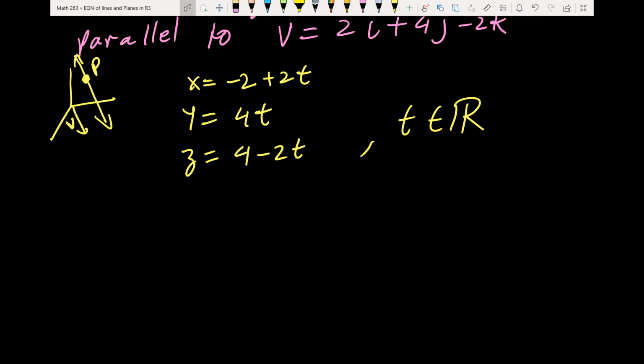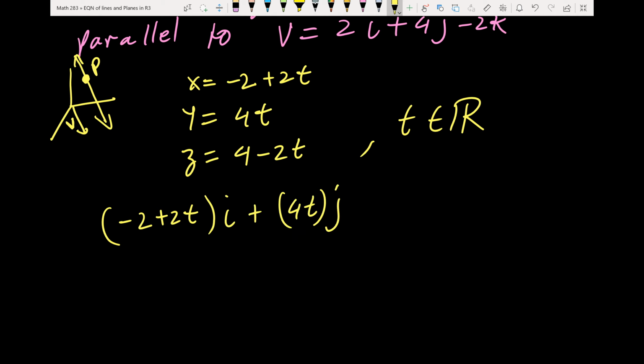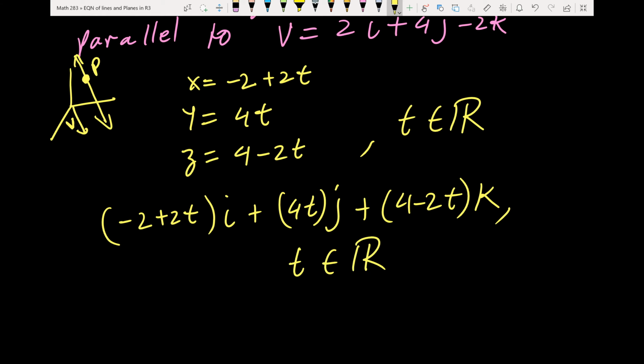Another way of writing that would be negative 2 plus 2t i plus 4t j plus 4 minus 2t k, where t is an element of all real numbers. That's it.